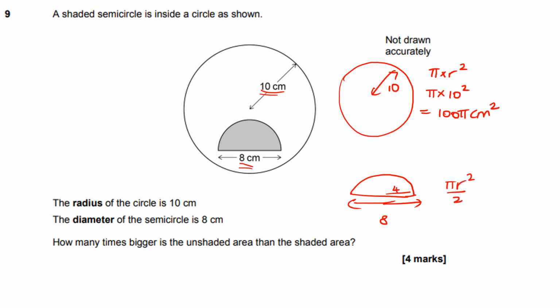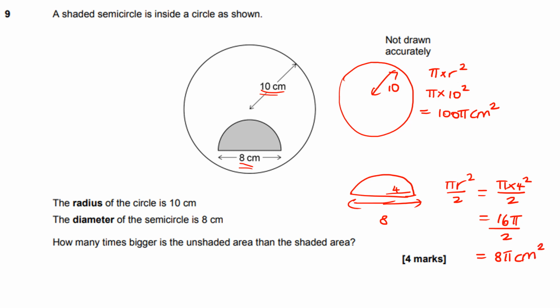I'm going to divide it by 2 because I'm trying to find out the semicircle, guys, so remember that. It's going to be pi times 4 squared divided by 2. 4 squared is going to be 16, 16 pi, and I'll half 16 pi. Let me just write it down, 16 pi, and we'll half it. That's going to be 8 pi centimeters squared.